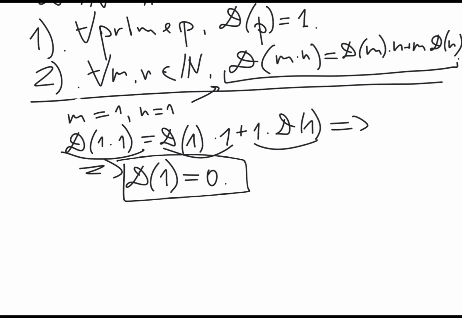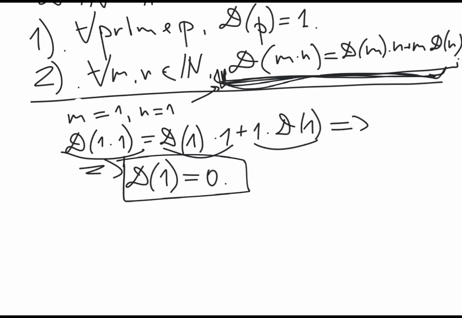So that is the first conclusion. Now the goal is to extend this function d, the arithmetic derivative, to all integer numbers including 0 and negative. We want to extend it to keep the product rule, so that the product rule would hold for all integers, right?